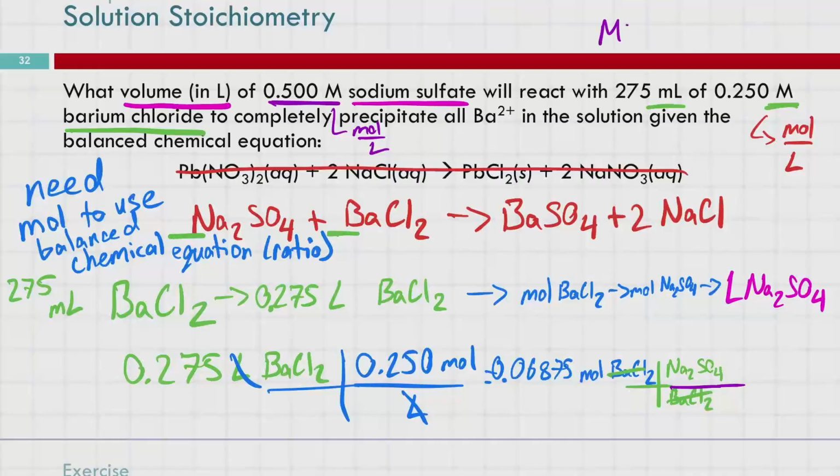Or you could also use some variation of the equation. Okay, so we're going to divide by our molarity. The moles cancel, and we'll be left with some number of liters.